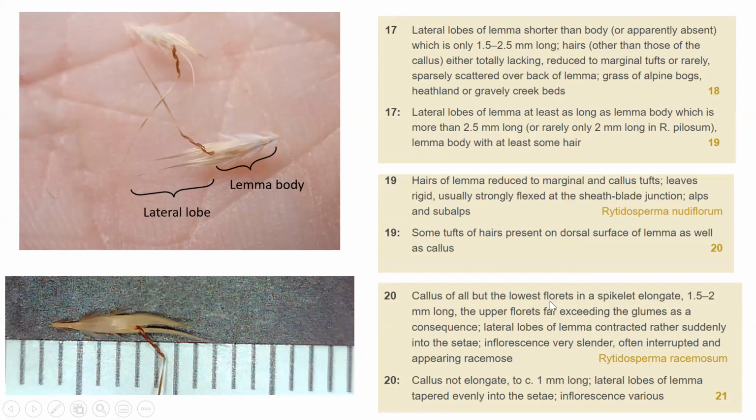Callus of all but the lowest florets in a spikelet elongated, 1.5 to 2 mil long. So this measurement, I believe, is from below the line, this row of hairs, to the tip.